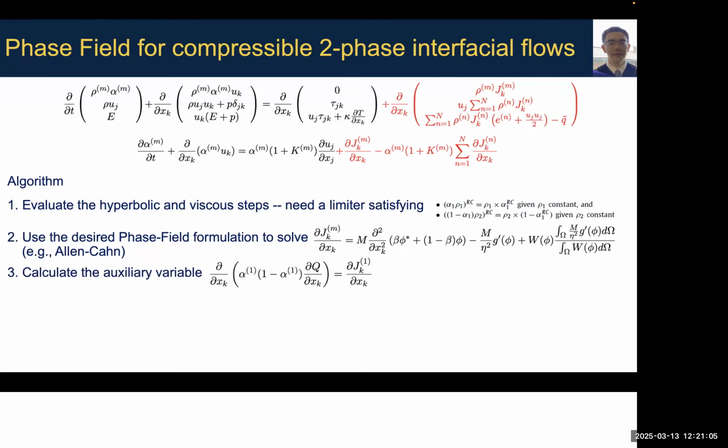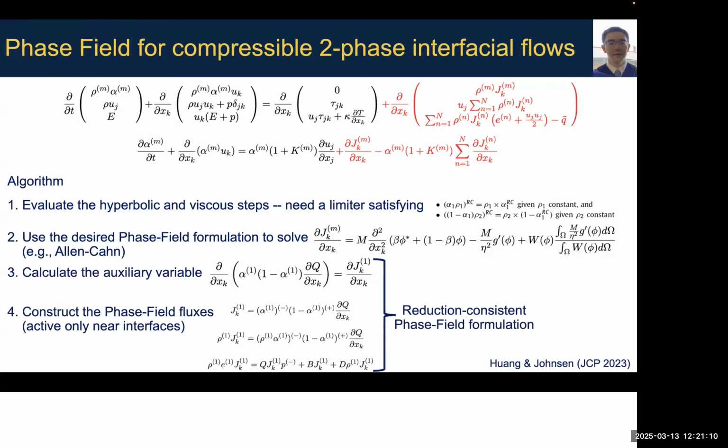The details of the model are a bit intricate, but what I will say is that this mechanism allows us to prescribe a desired thickness to the interface. What I mean by that is, let's say you start with a sharp interface. Upwinding or numerical dissipation is going to cause interfaces to spread, to diffuse numerically.